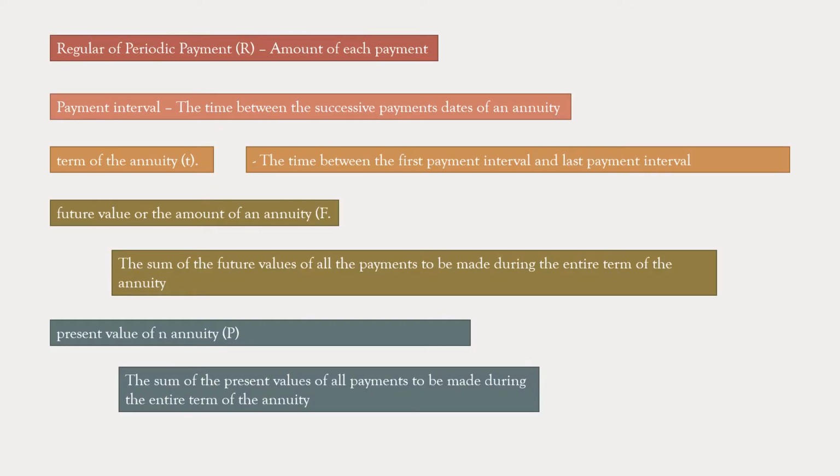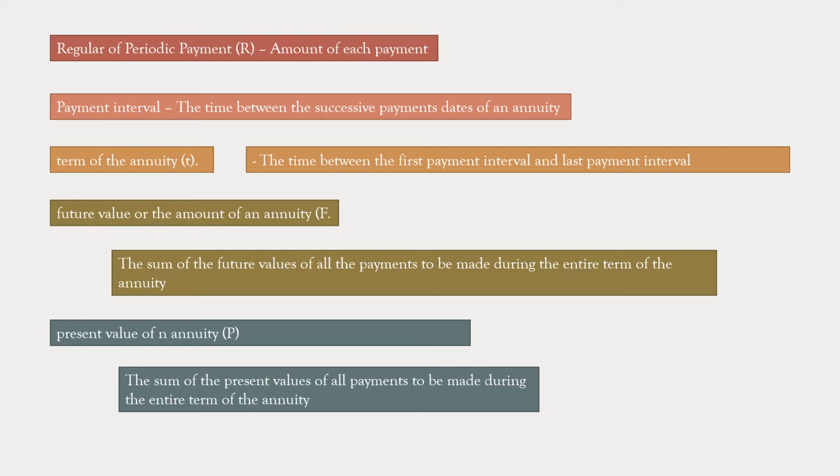We also have terms like regular or periodic payment. So this is the amount of each payment. Yun ang tawag doon, periodic payment. Yung magkanong halaga. And then payment interval, this is the time between the successive payment dates of an annuity.